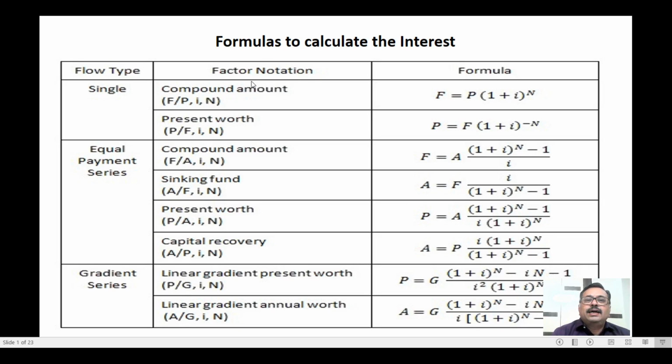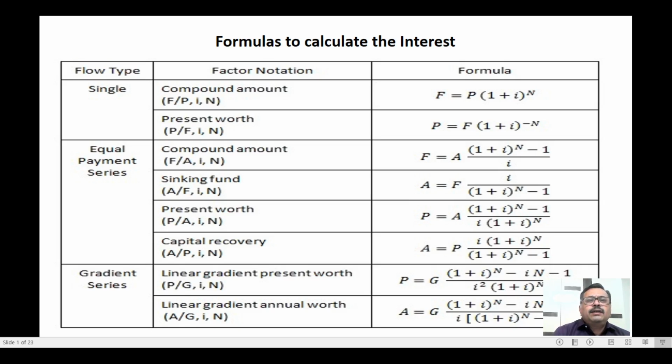Under that there are two types of factors that we will be discussing: the compound amount factor and the present worth factor. For the compound amount factor, the notation that we normally use is F/P, I, N. Here F is to be found, P is given, that is the principal amount, I is given and N is given.